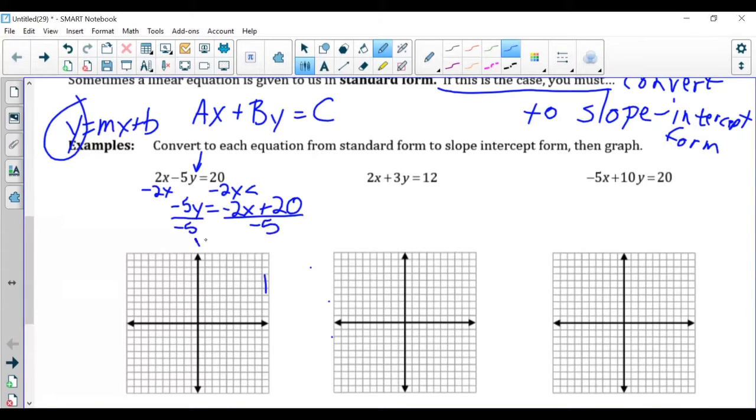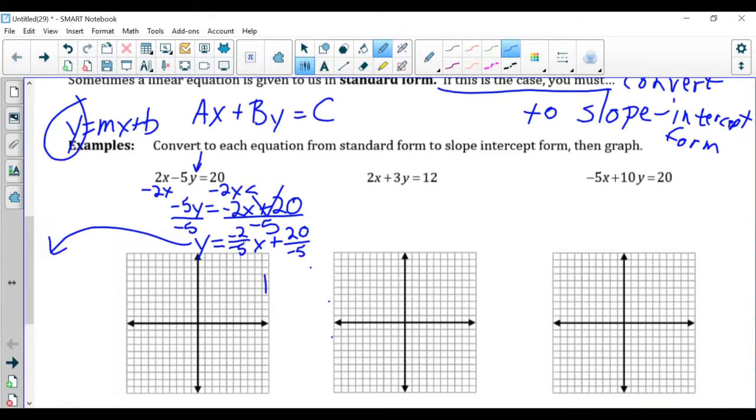So that leaves me with y equals, remember, I need to split these up: negative 2 over negative 5x plus 20 over negative 5. Now we've got some simplifying to do. First, negative 2 over negative 5.